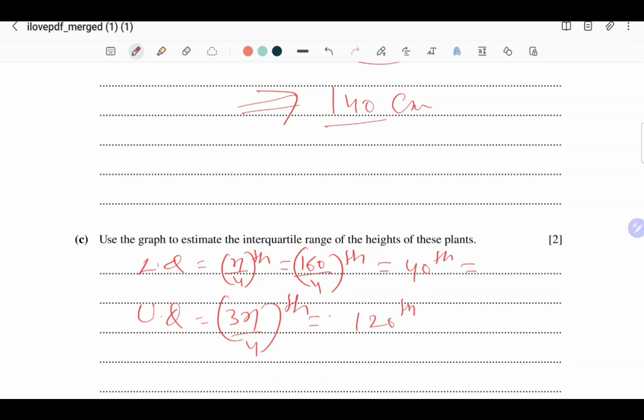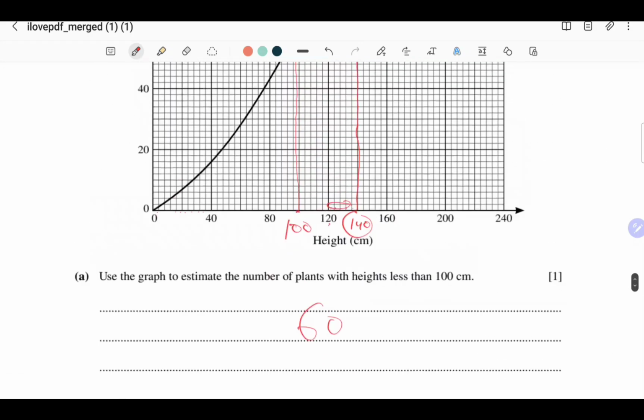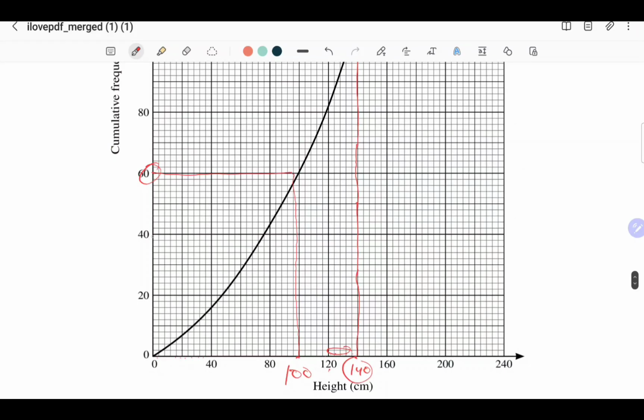So can we find the lower quartile, guys? 40th one. Okay, this much. What is that? Yes guys, I think it is around 76.